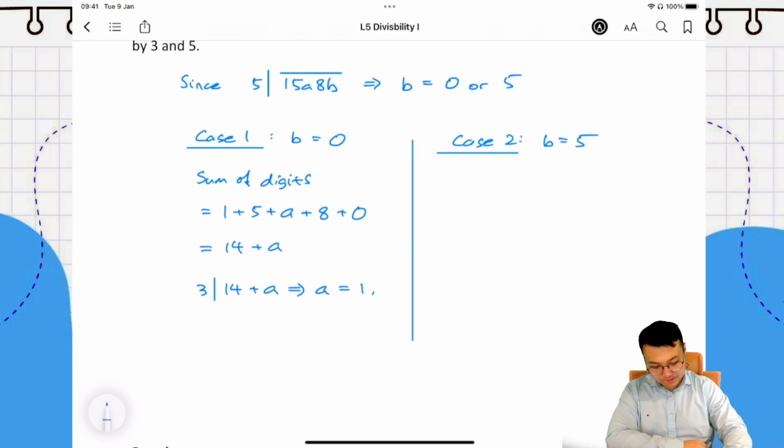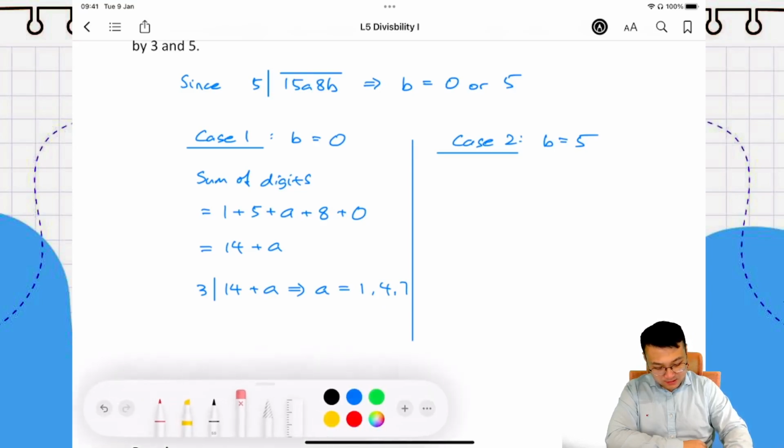Could be 4. And 7. Very good. You know how you get it? You just take 1, then you plus 3, then you plus 3 again. You just keep adding 3, then you get everything. 1, 4, 7. Can it be 10? No. Why? Because A is a single digit number. Very good.